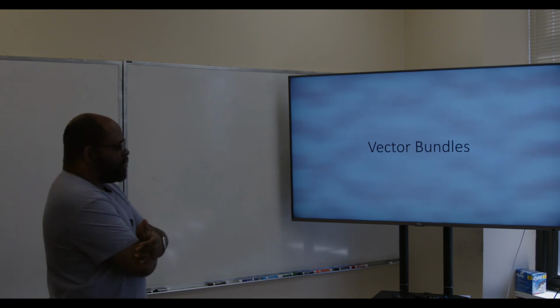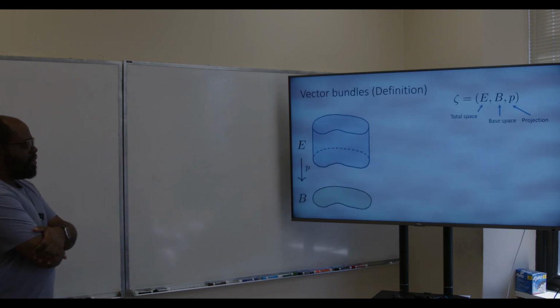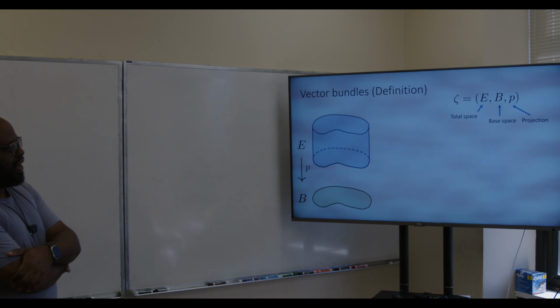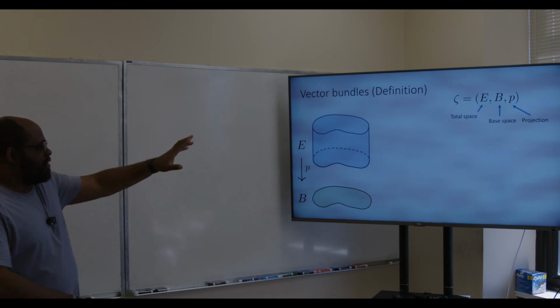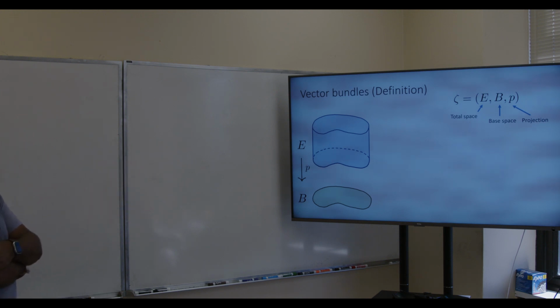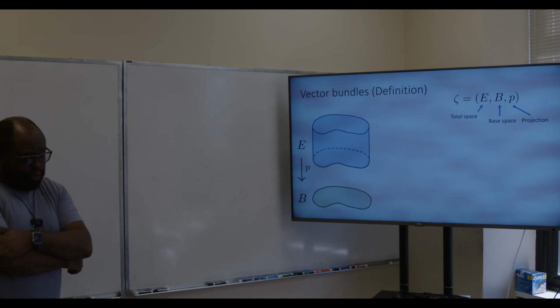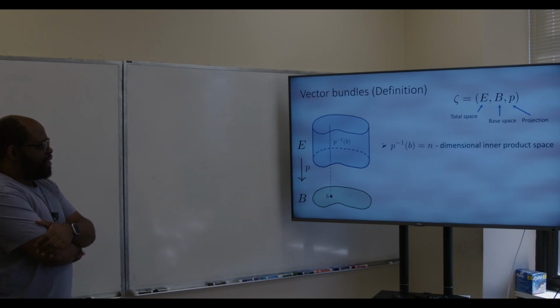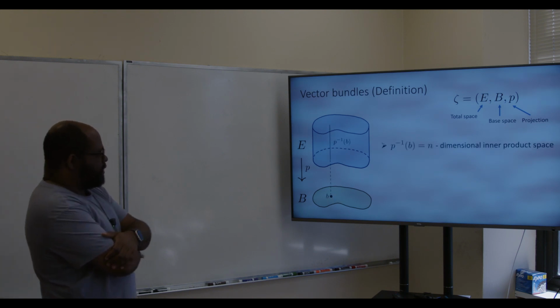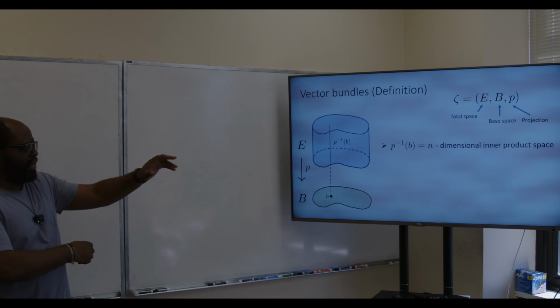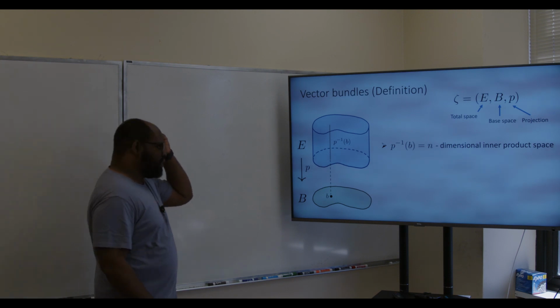Okay? And just to remind you, a vector bundle is a triple, E, B, p, where E is the total space, B is the base space, and p is a continuous surjective map. The fibers of this map are supposed to be n-dimensional inner product spaces.